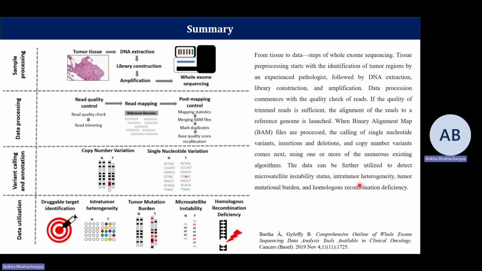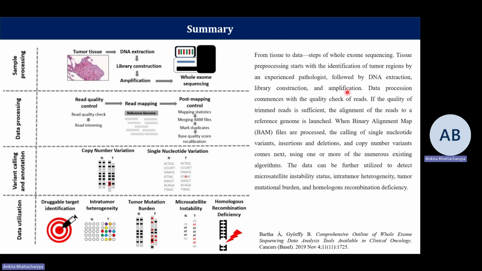So, from tissue to data, the steps of whole exome sequencing first involve sample processing or pre-processing, which starts with the identification of tumor regions by an experienced pathologist, followed by DNA extraction, library construction, and amplification.